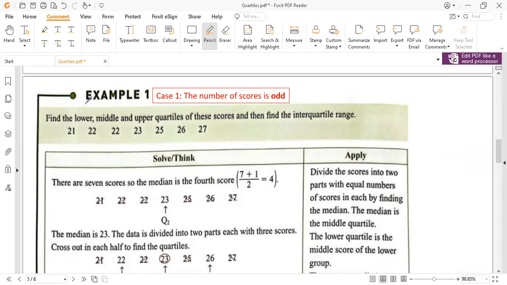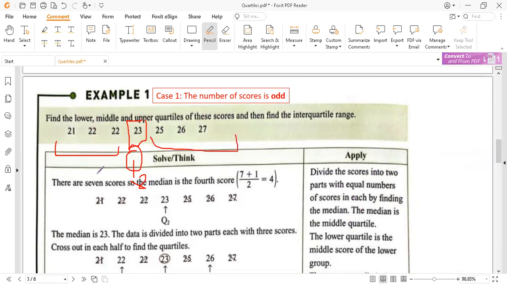We can cross out from the left and the right, or use the formula: 7 plus 1 is 8, divided by 2 is 4. So the fourth one, first, second, third, fourth, is the median Q2. This is the lower group and the upper group.